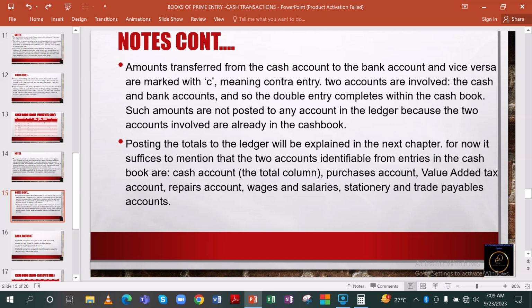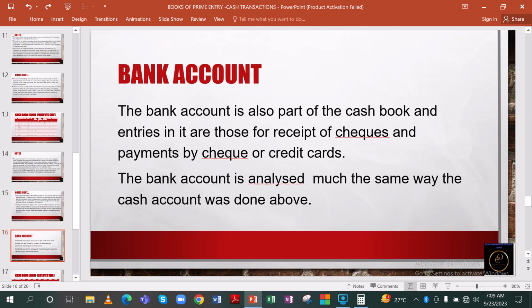Okay, so posting the totals to the ledger will be actually explained in the next presentation. For now, I think it is enough to just know that you gather this information under these particular identified column names. Okay, so that's what you need to look at.